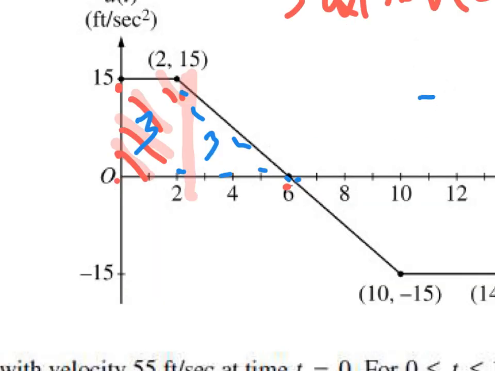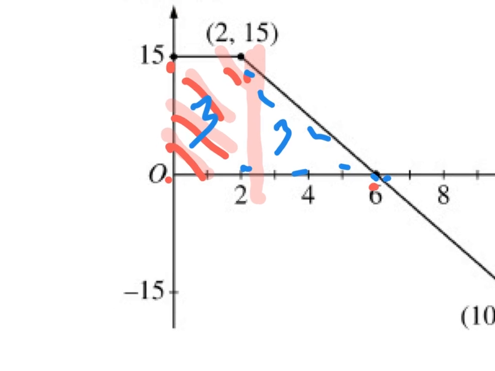Okay, I'm looking at this. It's not a 3. That's not a 1.5. It's 15. This is 2 times 15 is 30. I'm going back to that second one. This was a length of 4. Half of that is 2. 2 times 15 is 30. So we know we start out at 55 here.